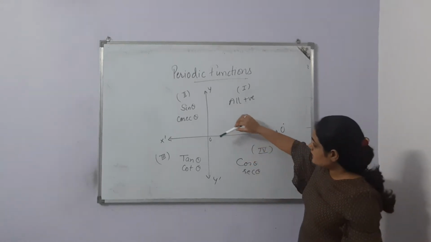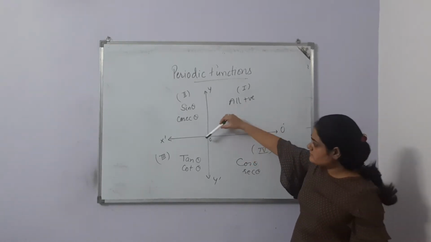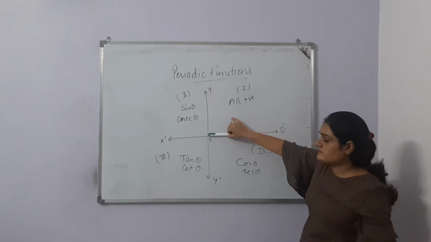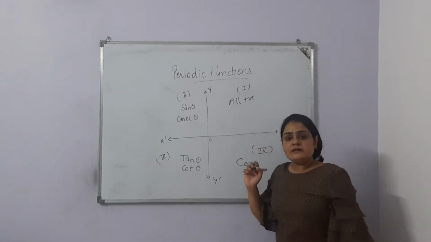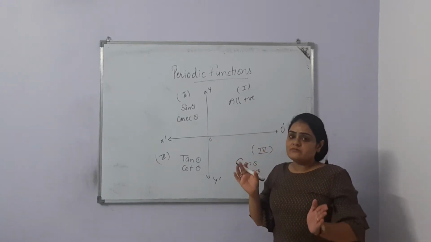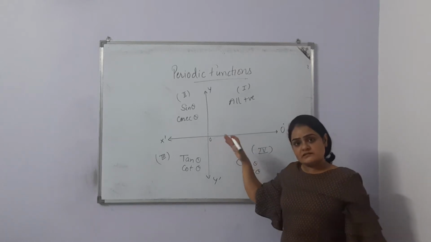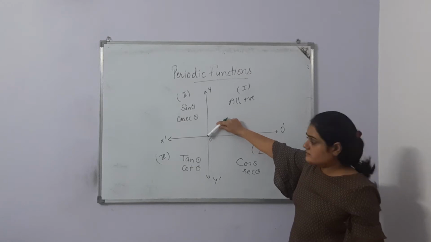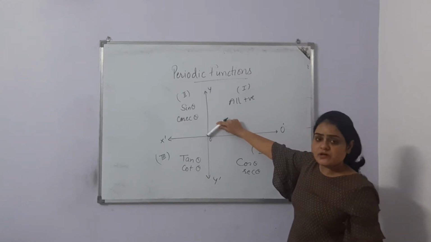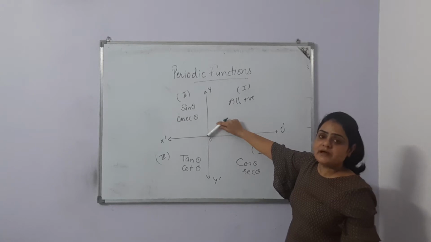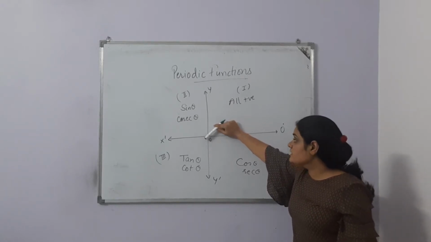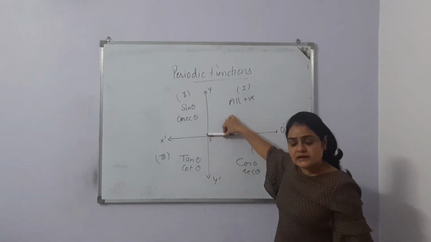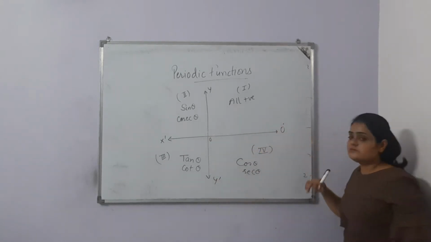How does an angle occur? If the base is the x-axis and a ray makes an angle with the x-axis, that angle is denoted by theta, alpha, beta, whatsoever you want to take. So whenever this ray coincides with the x-axis, our theta will become 0. So this is the 0 degree angle.